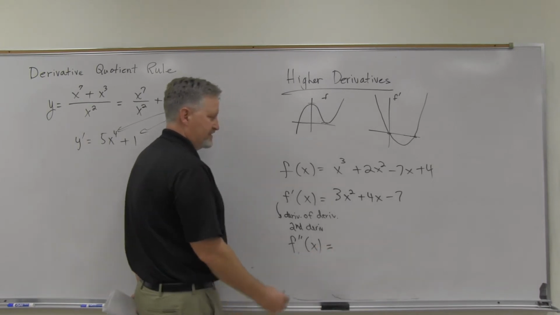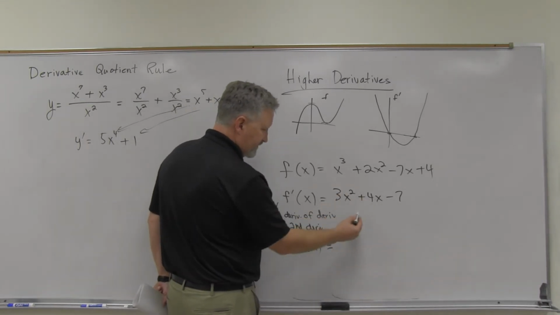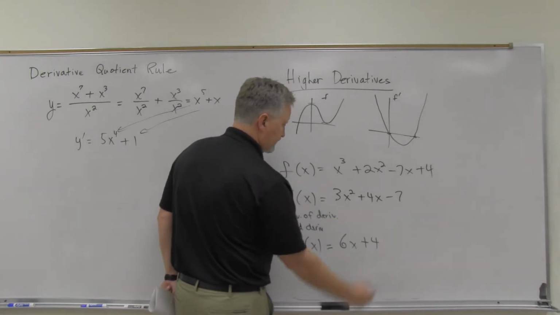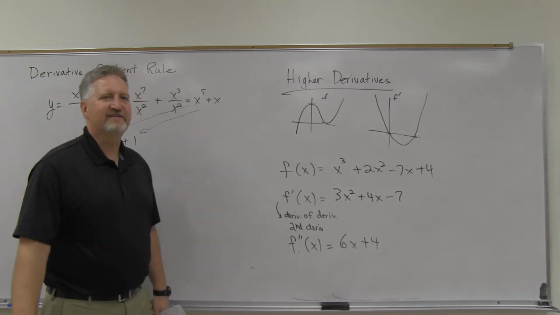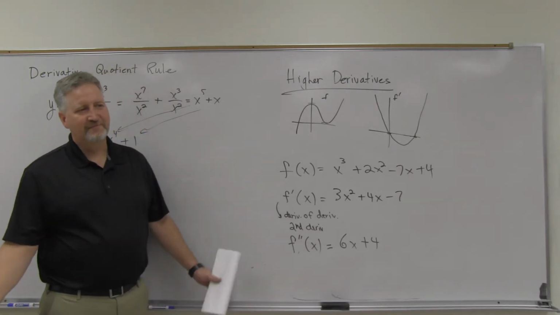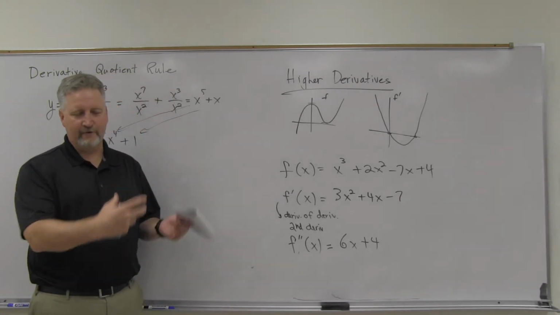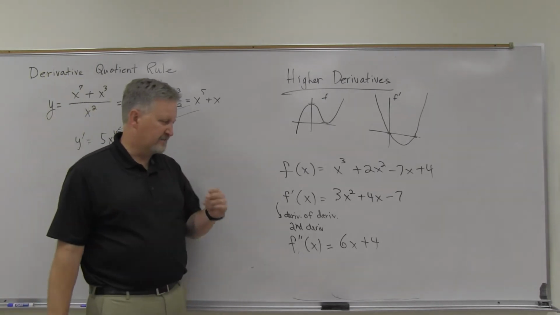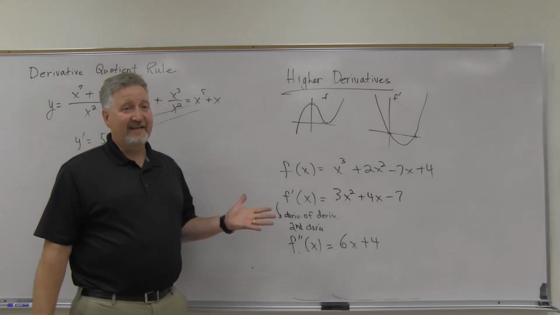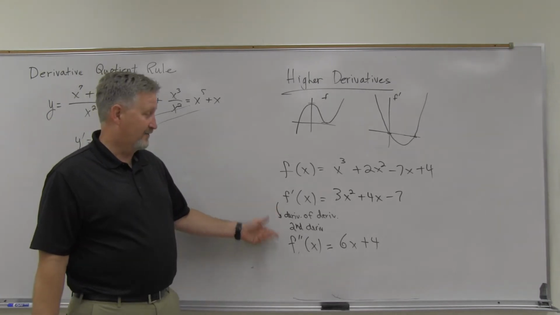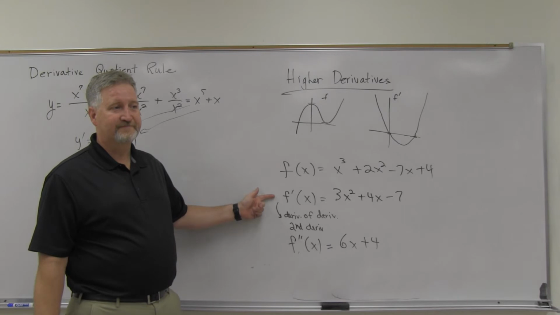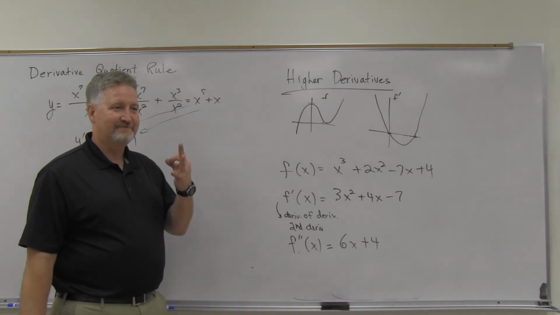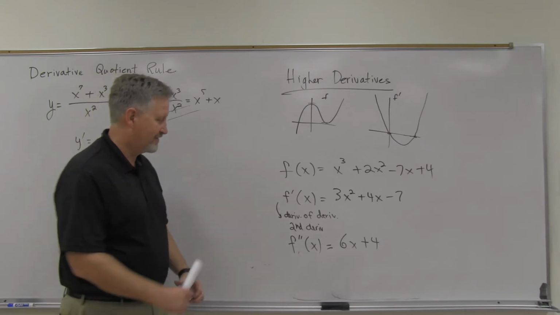So the second derivative is just the derivative of the first derivative, so it'd be 6x for that one, plus 4. 0 derivative there, so the second derivative is 6x plus 4. Not much to it. We'll talk about more meaning of it when we talk about a few applications, but as far as getting it, to get the second derivative, you're just doing the derivative of the first derivative. Well, guess what? Third derivative, we can do the third derivative.